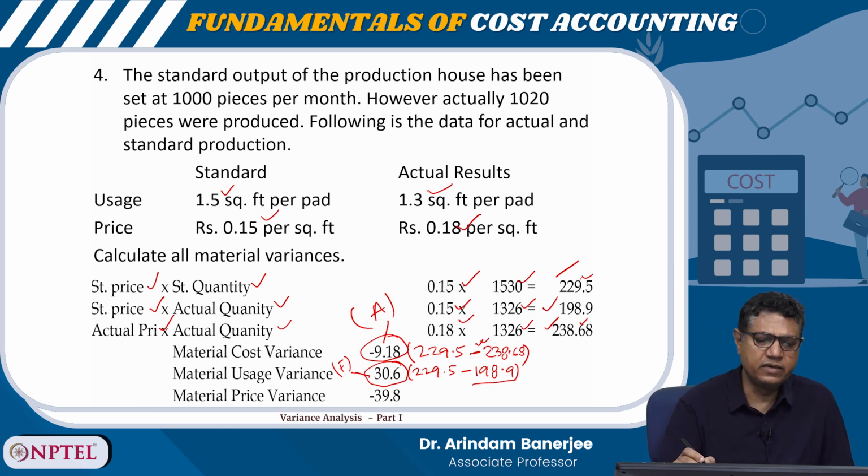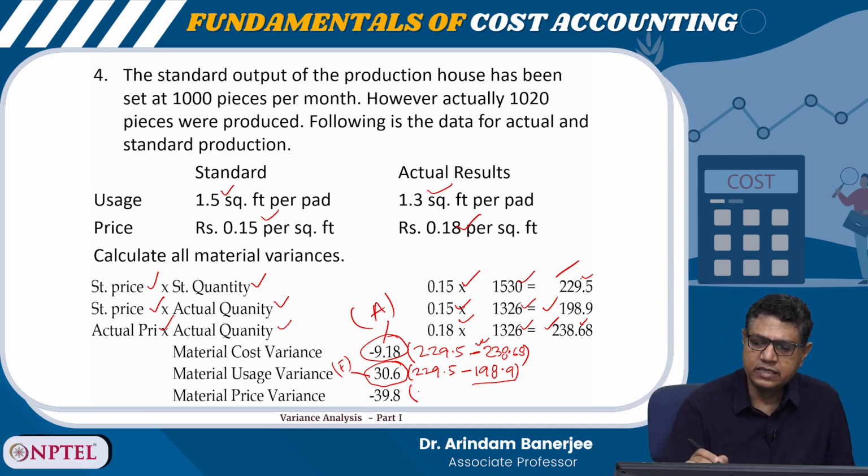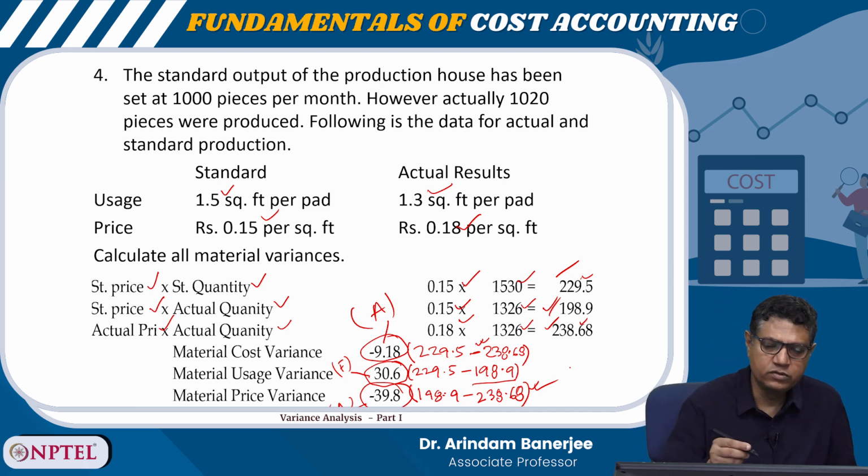And the last one is the material price variance, which happens because of difference in standard price and actual price. This we can calculate from here, 198.9 minus 238.68. So, if I calculate this, it comes to 39.8. This is again adverse, because the actual cost is higher, right? Now, how will I check whether it is correct or not?